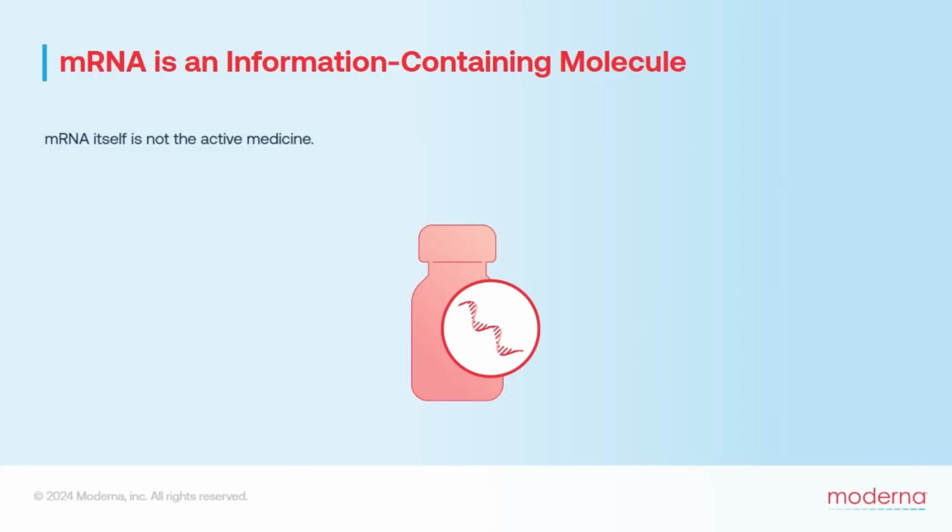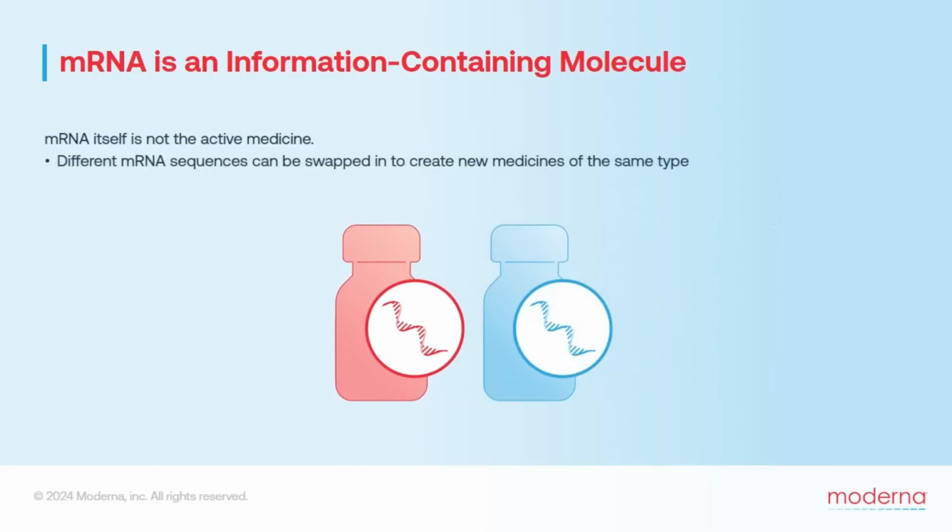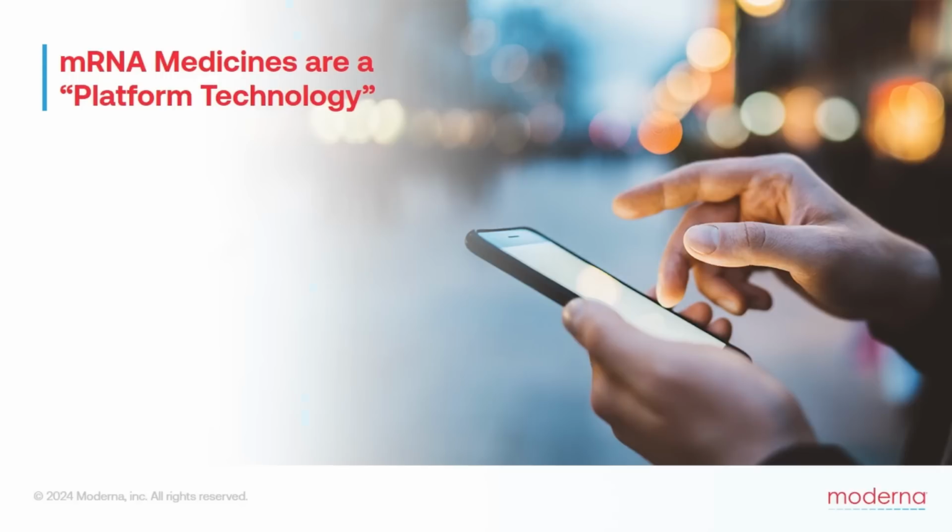Once a drug maker knows how to make and formulate clinical-grade mRNA, and how to direct it to the desired cell type, for example, immune cells for vaccines or liver cells for a metabolic disorder therapeutic, they can simply swap out the previous mRNA sequence with a new one to create a new mRNA medicine of the same type, for example, a new vaccine or a new therapeutic. mRNA medicines are therefore a platform technology.